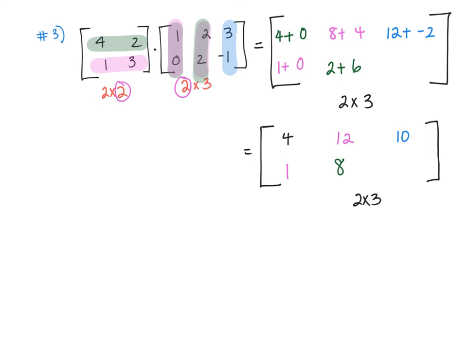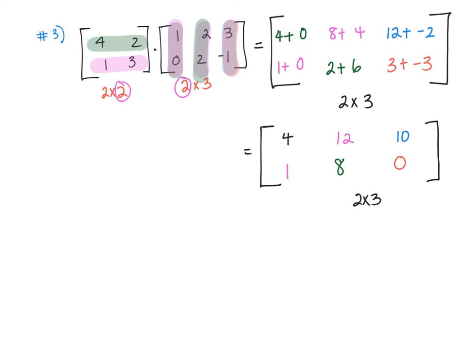And then last but not least, I'm going to multiply my row with this column here. And I'll just do, I don't know, red. So 1 times 3 is 3, plus 3 times -1 is -3. And so that's going to give me 0 when I add them.